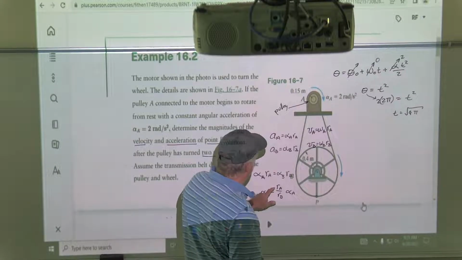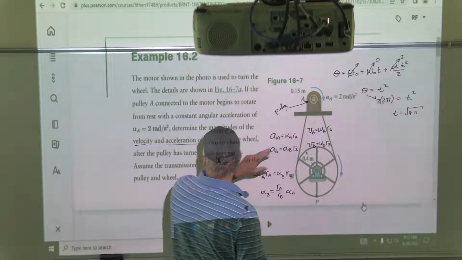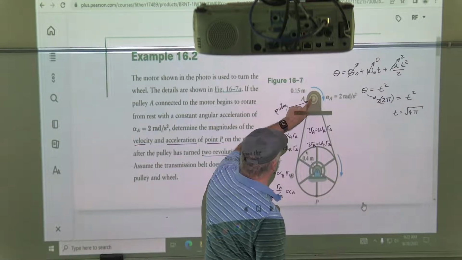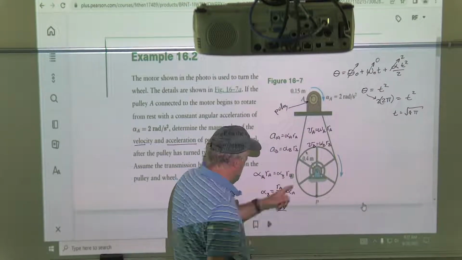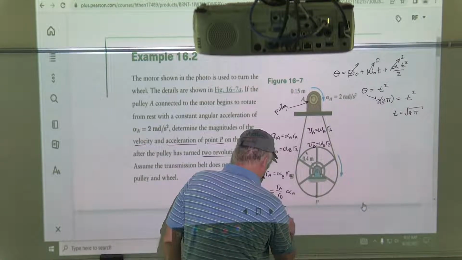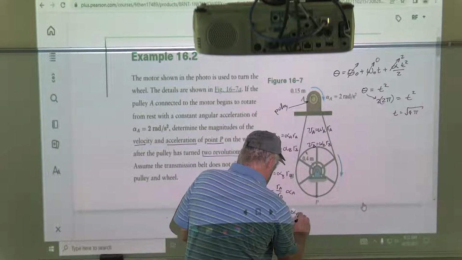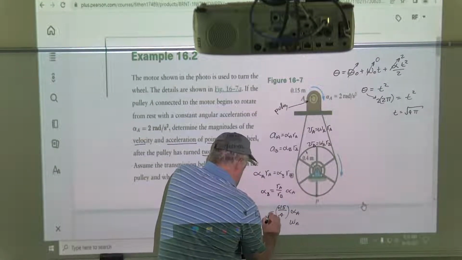What is RA? Oh yeah, okay, there's a little arrow right here. Okay, so 0.15 over... That one's easy to, but I could also, here I'll do it this way. I could also write that.